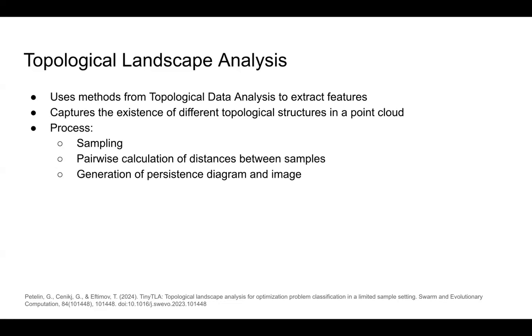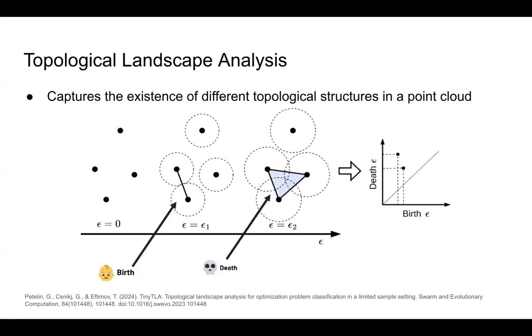And one type of features are the topological landscape analysis features, which are essentially using concepts from topological data analysis to represent the functions using some techniques of capturing structures in point clouds. And I'll just give some intuition with practical examples.